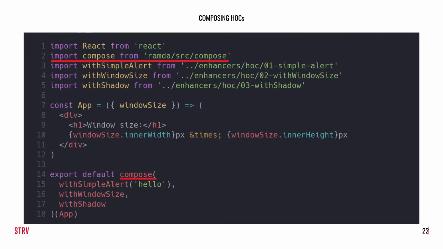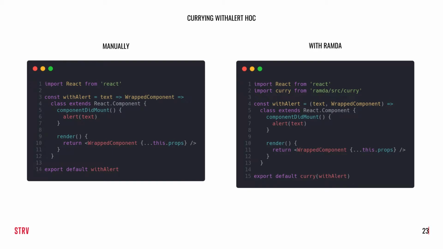Yeah, when you want to pass any other argument there, like here that hello text, you need to change your higher order component a little bit. So you need to curry them, as Peter mentioned, and there are two ways to do it. The first one is really easy. You can do it manually.